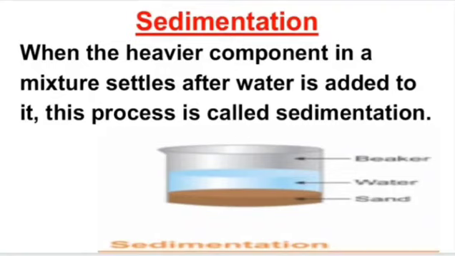This is called sedimentation. What is sedimentation? It is when the heavier component in a mixture settles after water is added to it. When we add water to rice, the rice particles sink to the bottom of the vessel, and we can pour out the dirty water, and in this way we can separate the impurities.